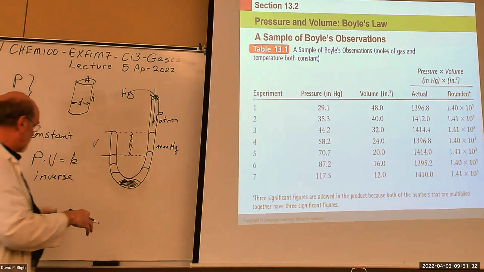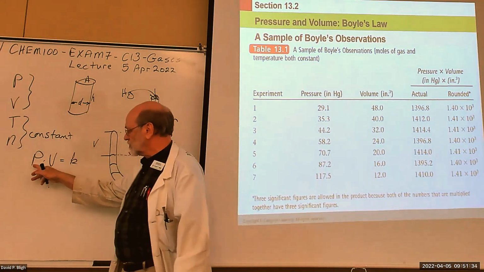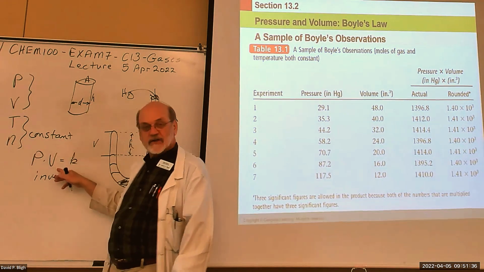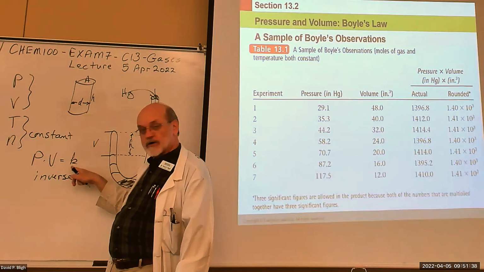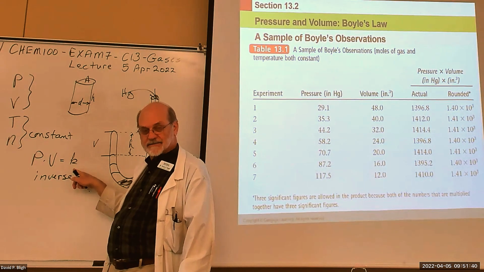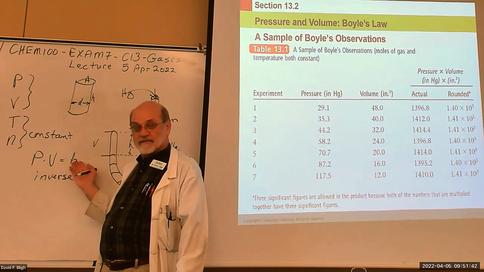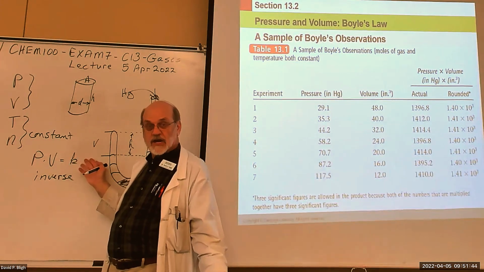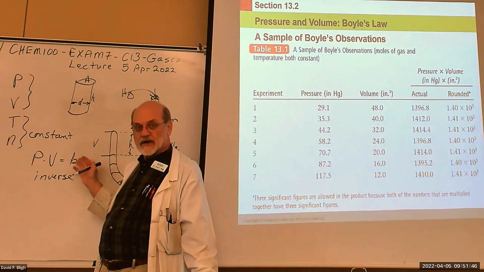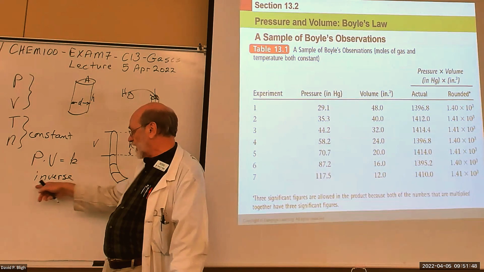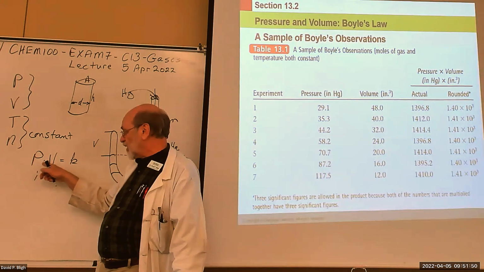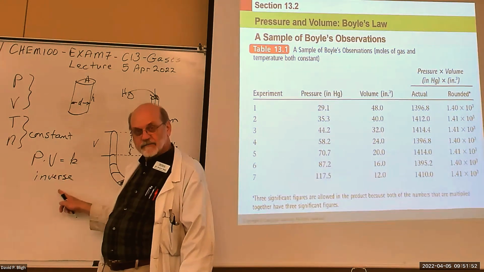Mathematically speaking, if this one goes up, that one has to go down in order to keep that constant. If they both go up, then the value changes. You don't have a constant anymore. So that's why we say they're inverse. If the product is equal to a constant, they're inversely related.